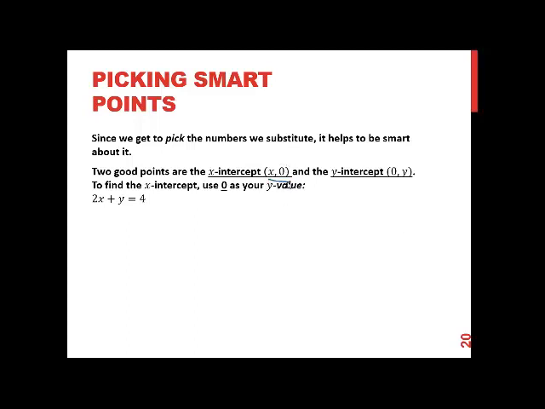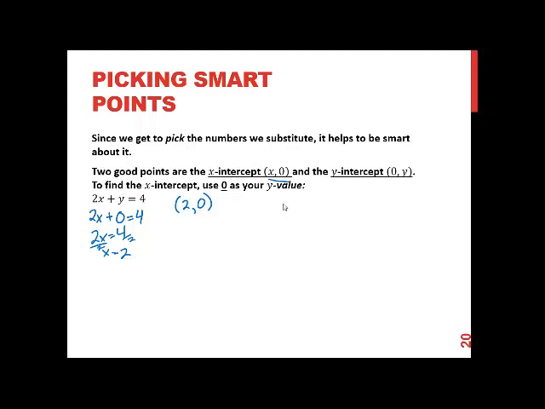We get 2x plus 0 equals 4. 2x equals 4. So dividing both sides by 2, we get x equals 2. So 2, 0 is the x-intercept, and it's also a solution to this equation.